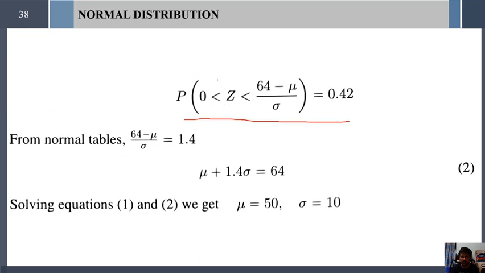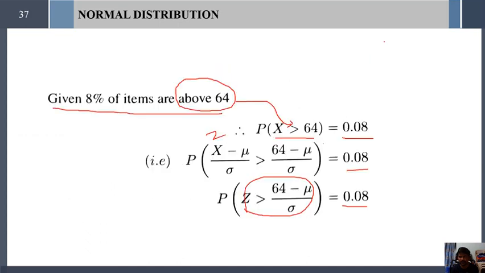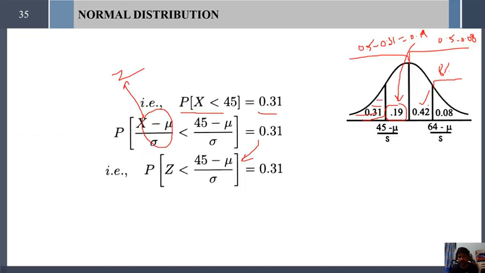So this area is 0.5 minus 0.08, which is illustrated in the above figure. So this is 0.42, this is the area.